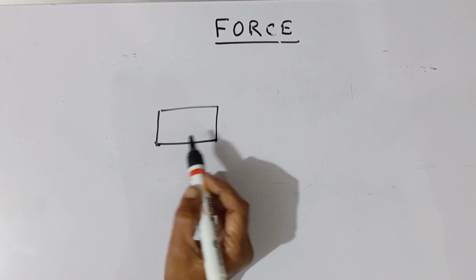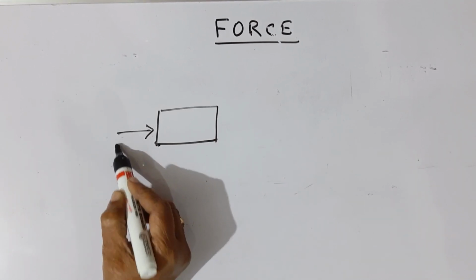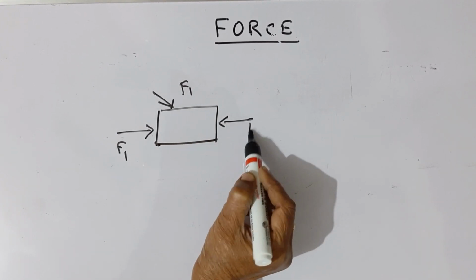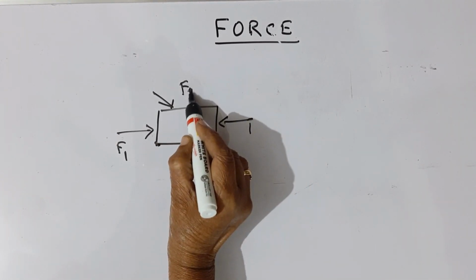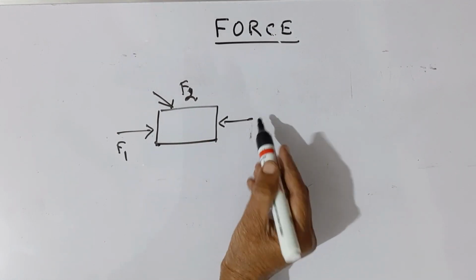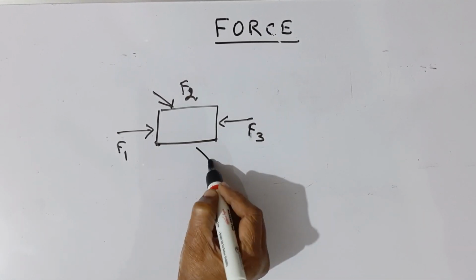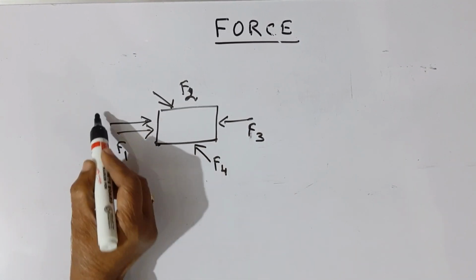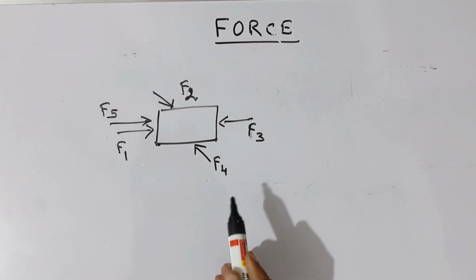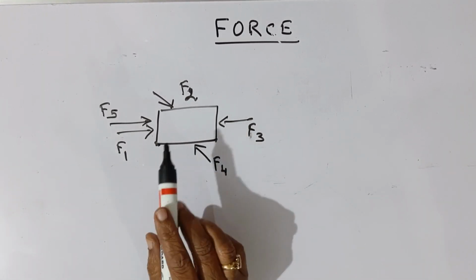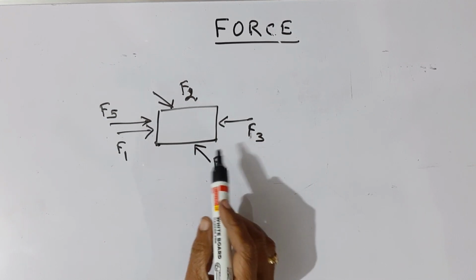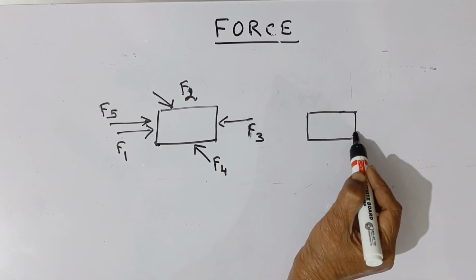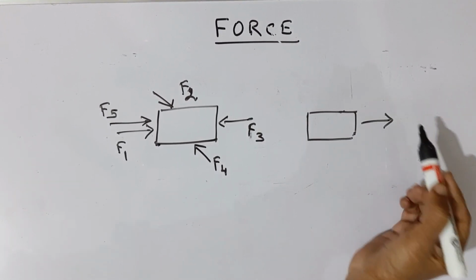Suppose there are several forces acting on an object. F1, F2, this is say F3, F4, suppose F5, and the overall effect of these forces is that the object moves in the direction, say in this direction.